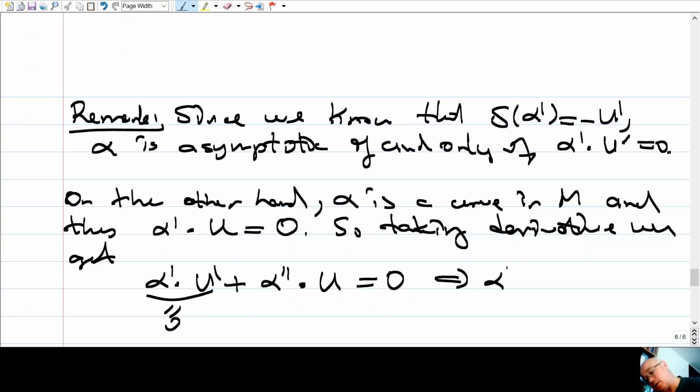Therefore, we see that the acceleration of alpha is always perpendicular to U. So the acceleration vector lies in the surface. This will have important consequences which will be covered in the next lecture. So let me stop for today.